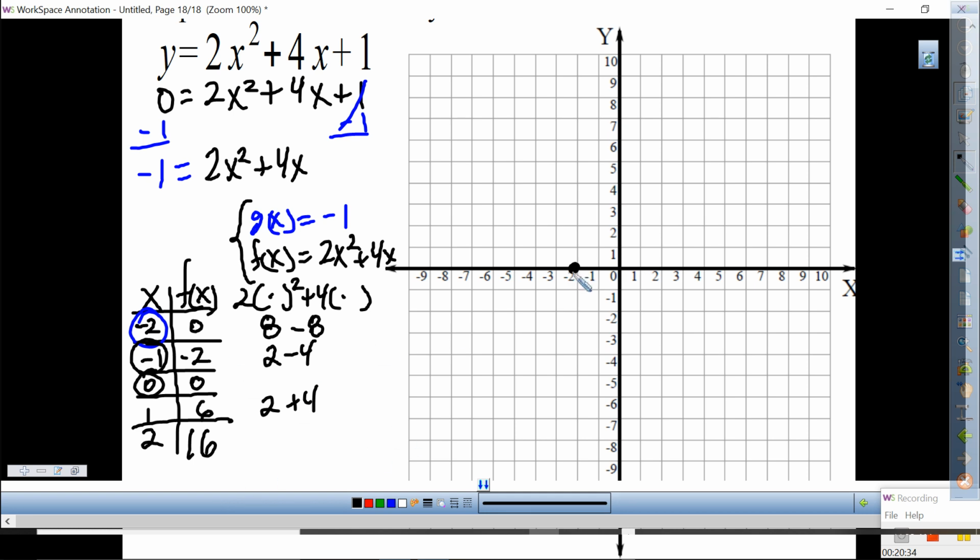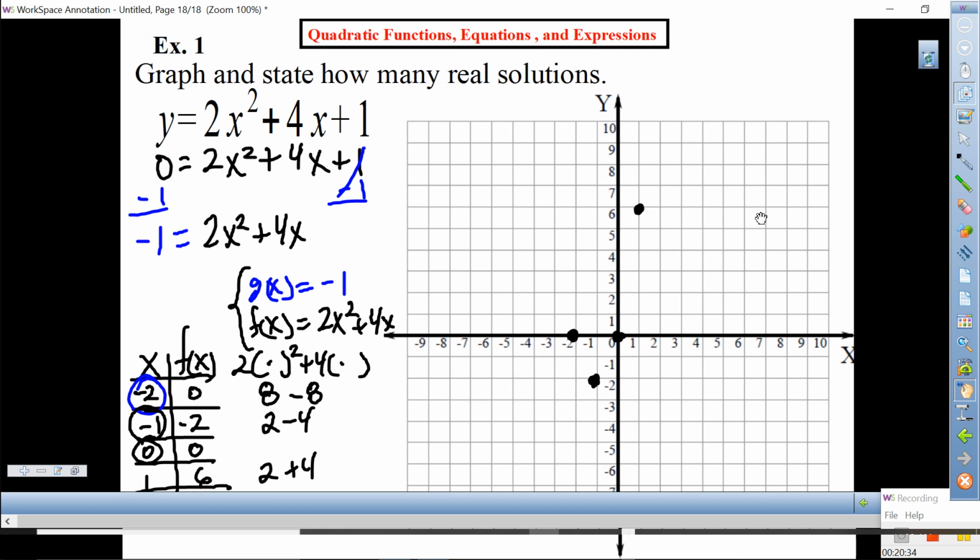Negative 2, 0. Negative 1, negative 2. 0, 0. 1, 6. And on mine it doesn't fit, but you should be able to fit 2, 16 on yours, yes? Way up there? 2, 16 somewhere up here? Never mind. Okay.